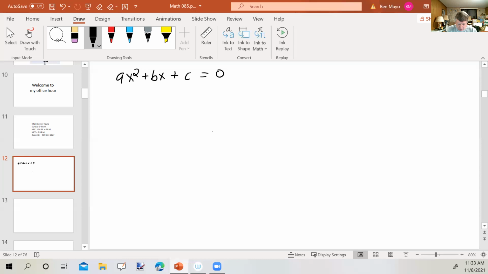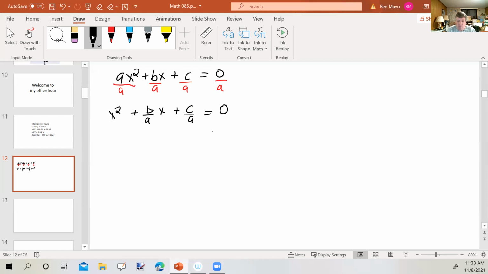So I'm going to complete the square. First of all, my leading coefficient is a, so I'm going to divide each term by a. This gives me x squared plus b over a x plus c over a equals 0.